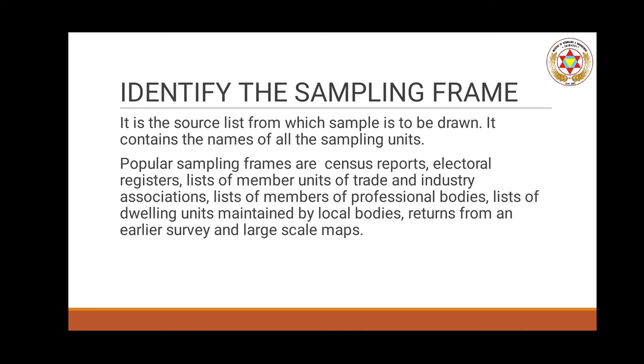It could be the list of members of some professional bodies, or a list maintained by the local bodies or municipalities, and even the returns from a larger earlier survey or some maps. These could be the sources of the sampling frame.